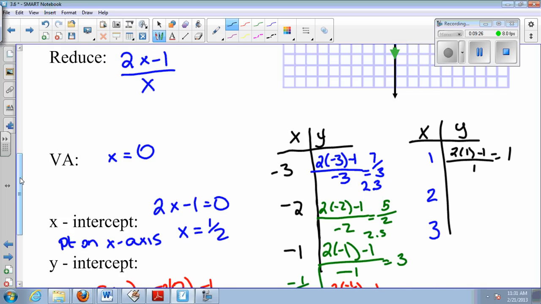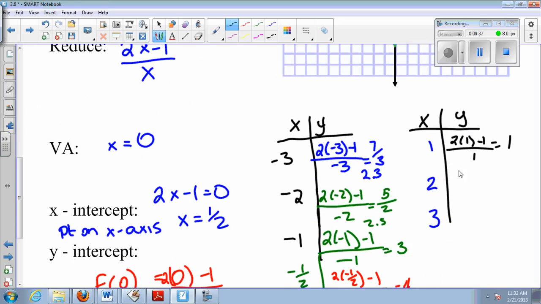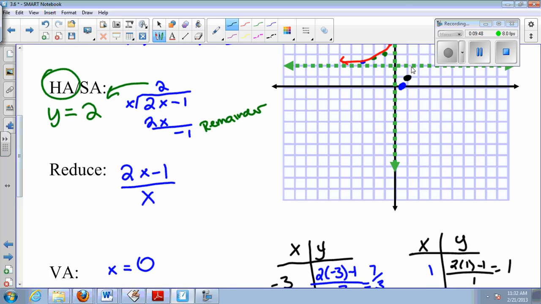So we get the point 1, 1. We already had our x-intercept of 1/2, 0. 2 goes to 2 times 2 minus 1 over 2 goes to 3/2, 1.5. So 2, 1.5.